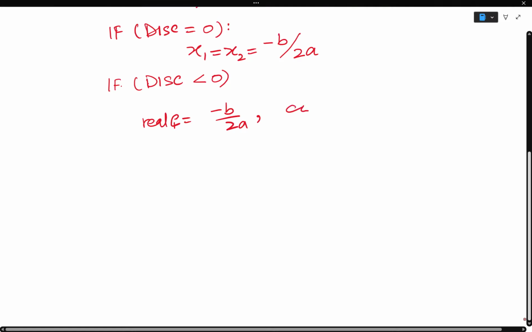So we will have the complex part for the first root as the square root of minus the discriminant divided by 2a.